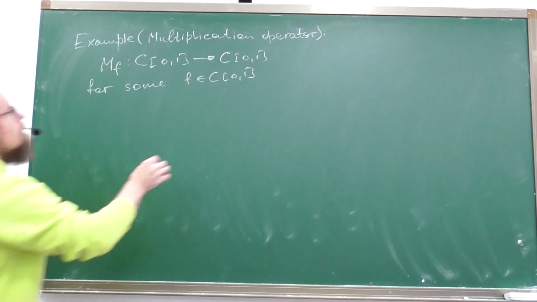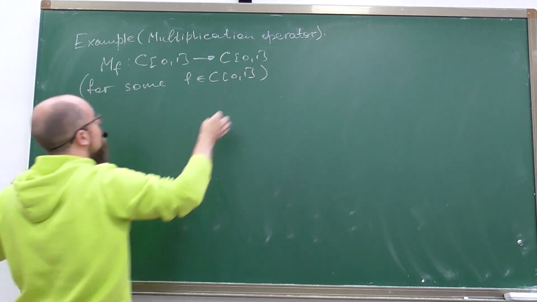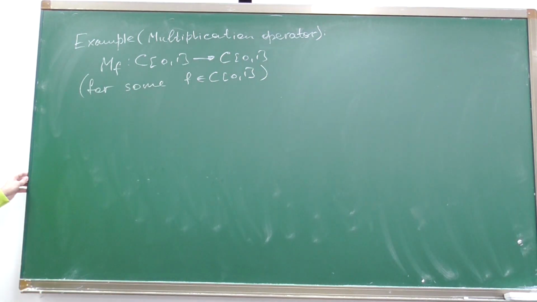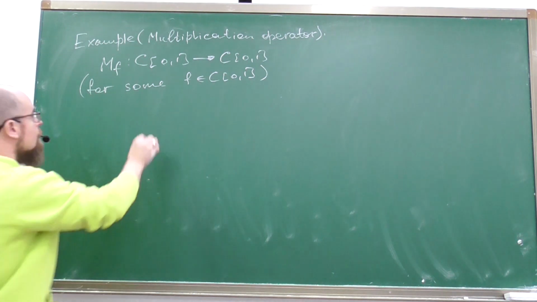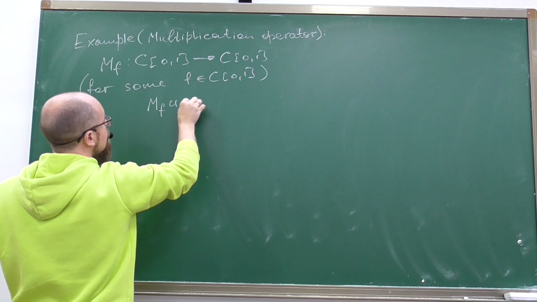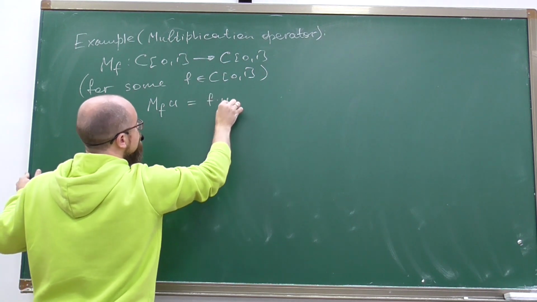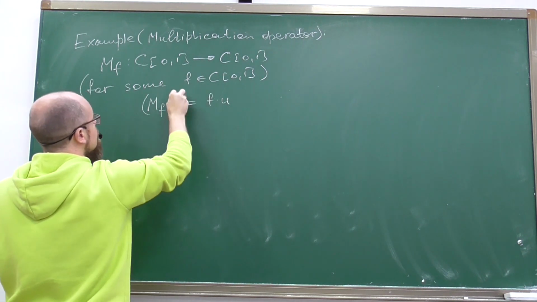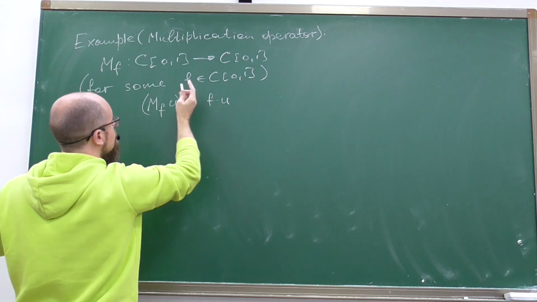I just specified the domain and codomain and forgot to write the formula. So M_f of u equals f times u, or rather f of t times u of t.